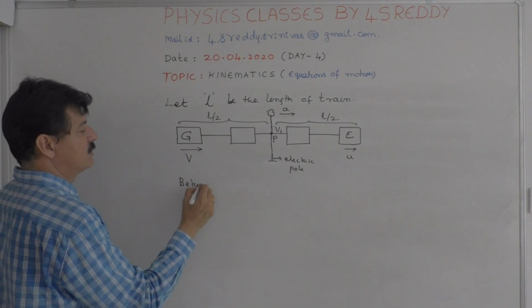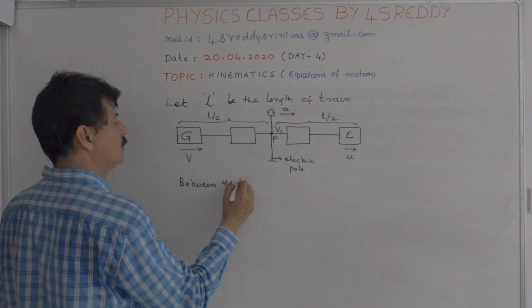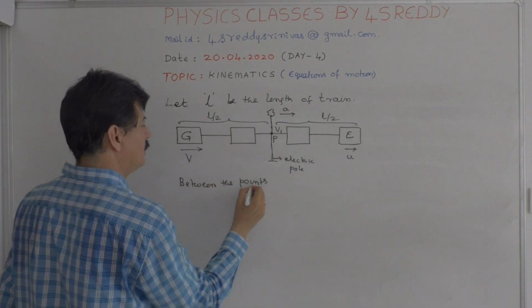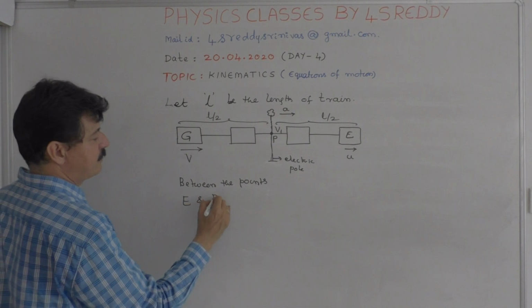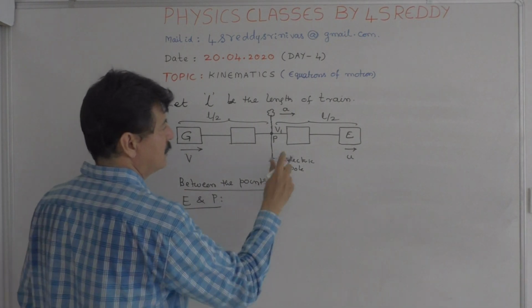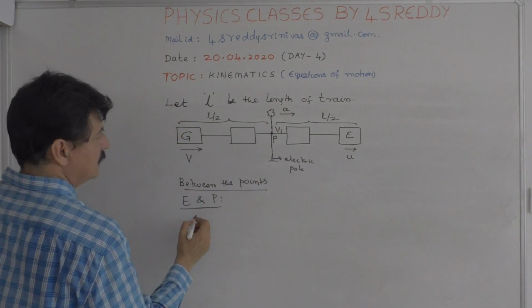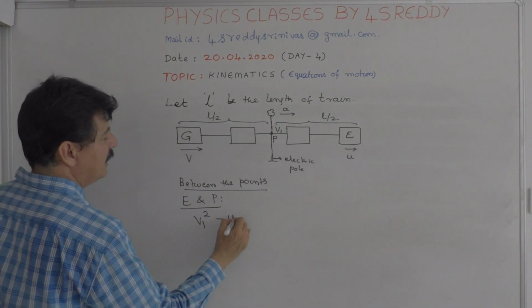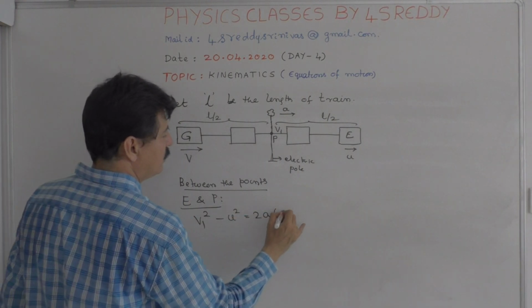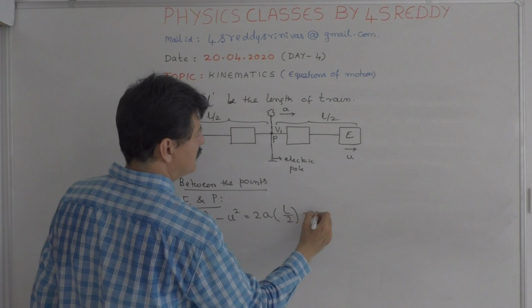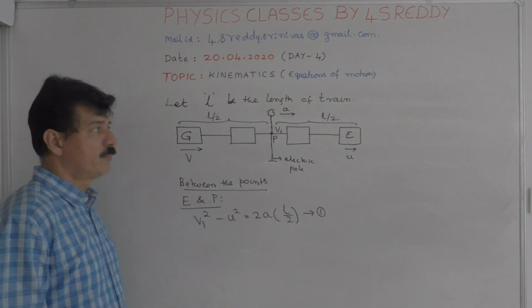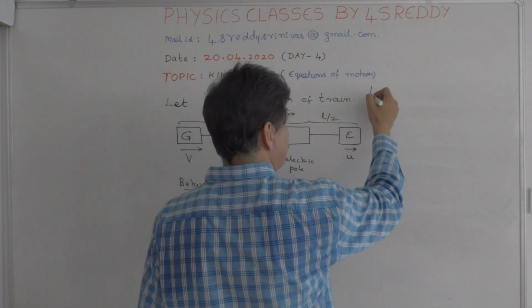Between the points E and P, if you consider these two points, then v1 square minus u square is 2a into L by 2. This is the first equation.